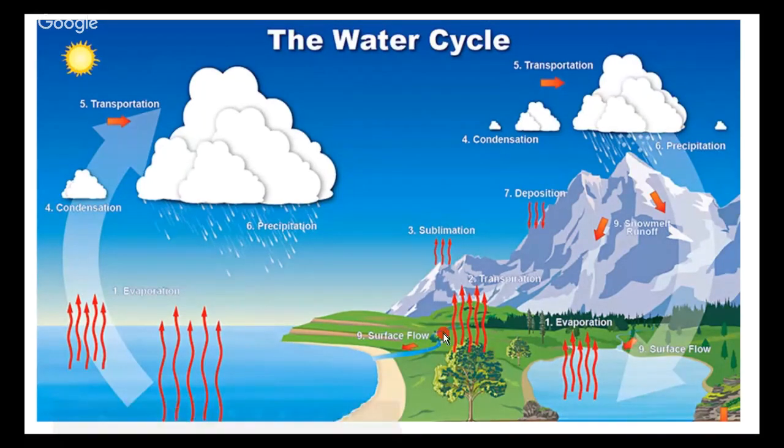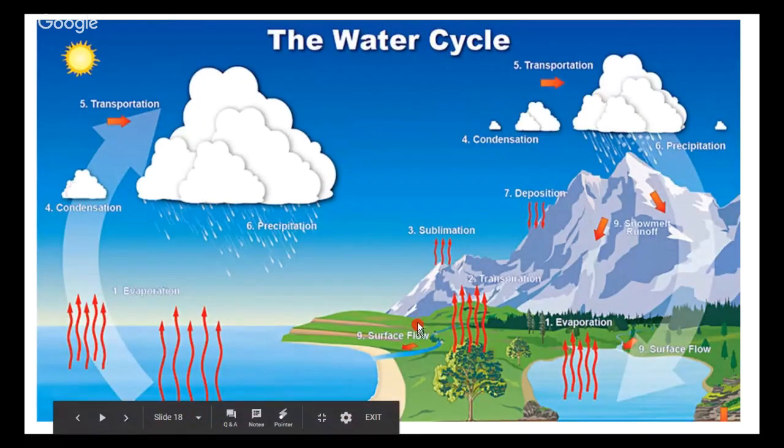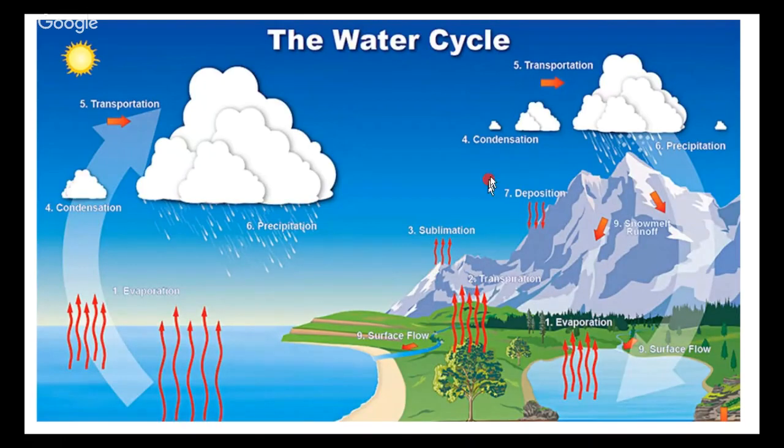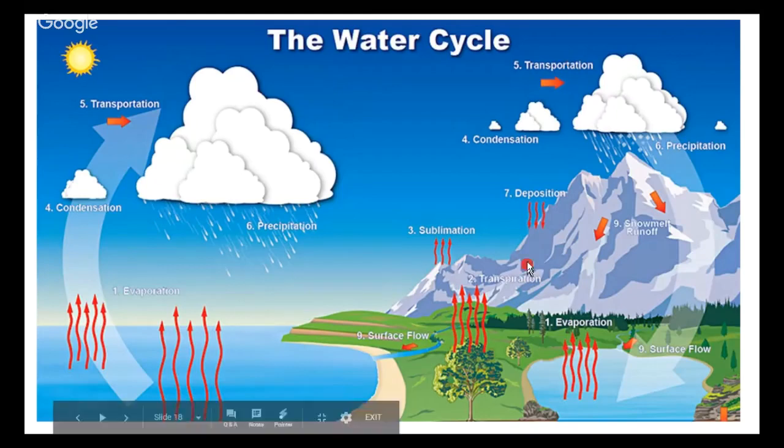Then we have sublimation, where things go straight from solids to gases. Or we have condensation. Then, transportation. Then we have precipitation. We have deposition forming here on the sides of the mountain.